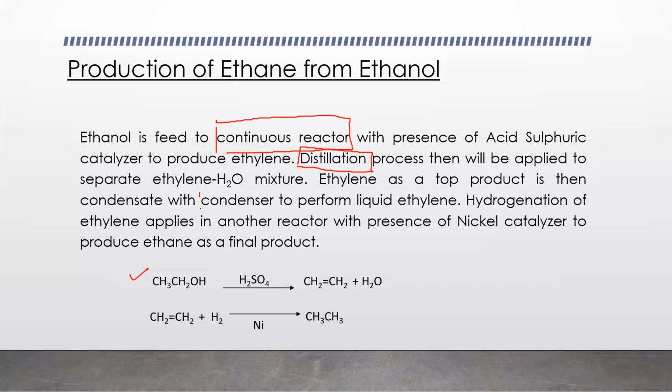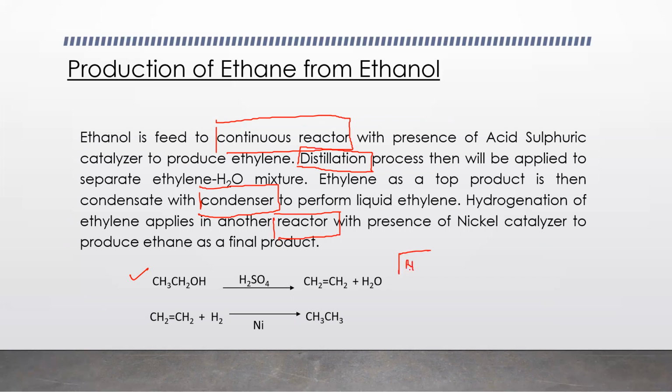So the third unit that we have identified is a condenser. And finally, hydrogenation of ethylene applies in another reactor, which is our fourth unit that we have observed. All right. It is applied in another reactor with the presence of nickel catalyzer to produce ethane as a final product. All right. So we have two reactors.